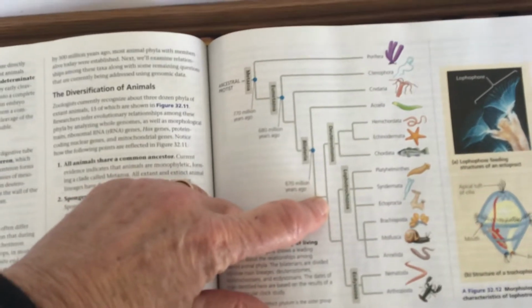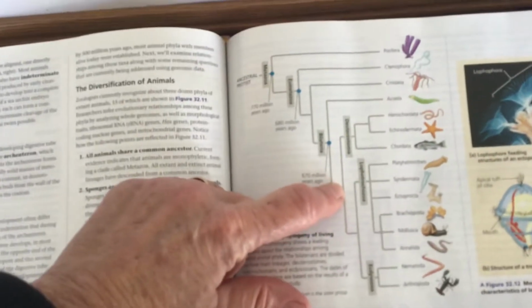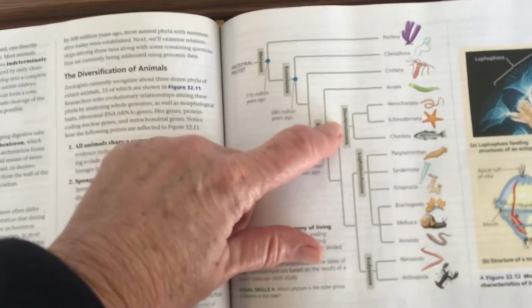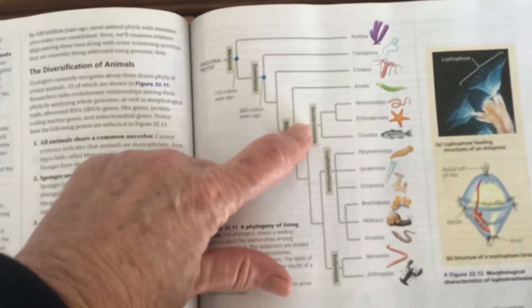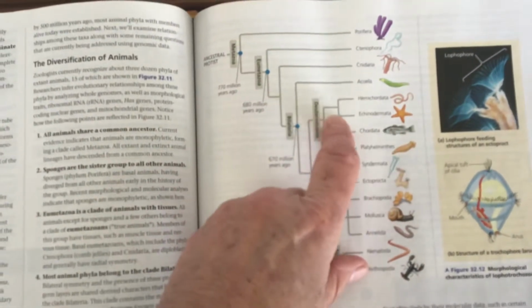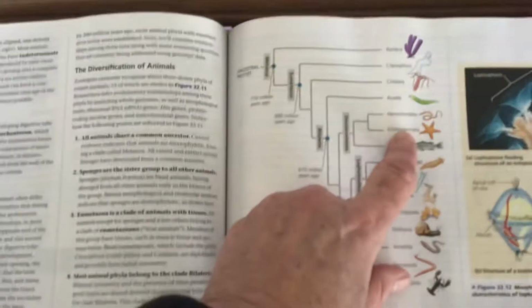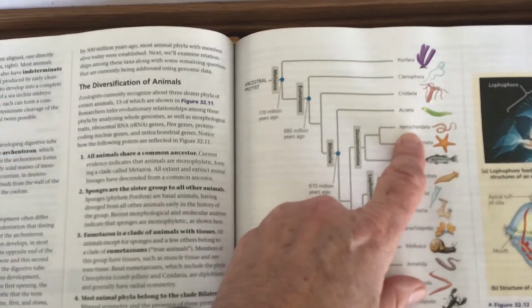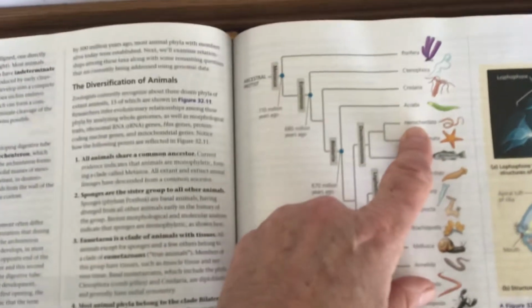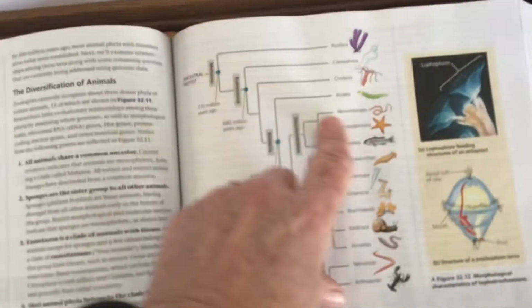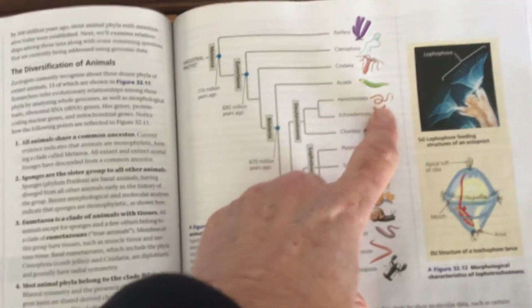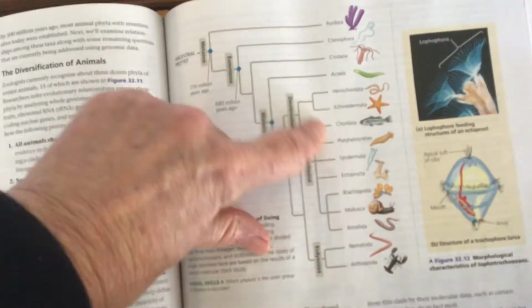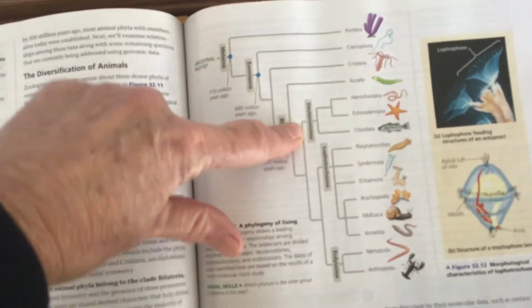And then we have what is known as protostomes and deuterostomes. The deuterostomes include the vertebrates, but also starfish and the, let's see, Hemichordata. I'm sorry, I don't have my glasses on here. And anyway, these guys right here, these are all deuterostomes.